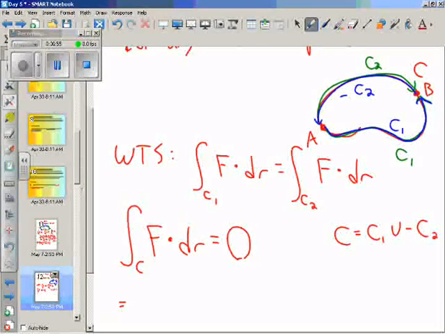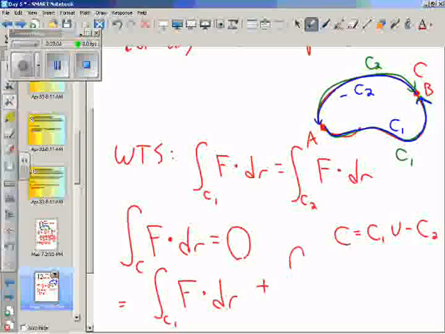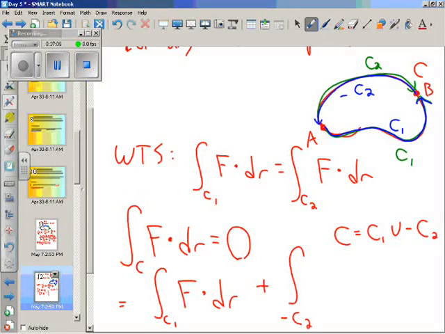And so the integral along C is just going to be the integral along C1 plus the integral along negative C2.